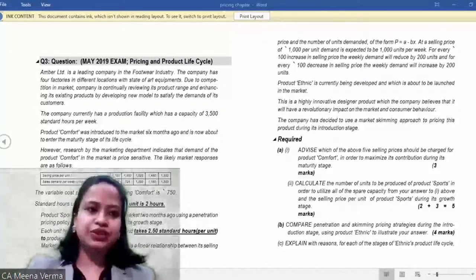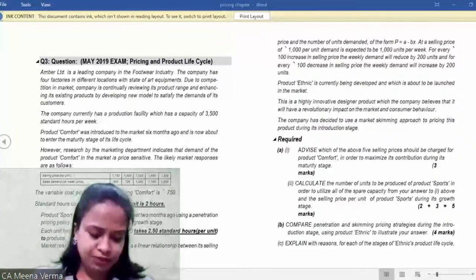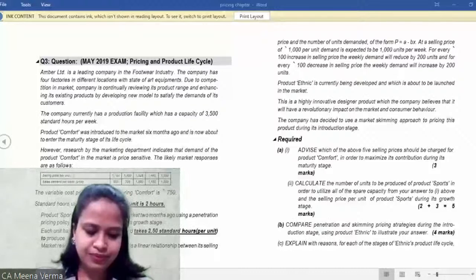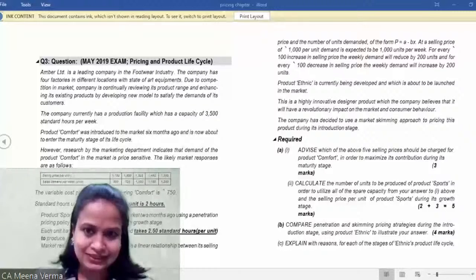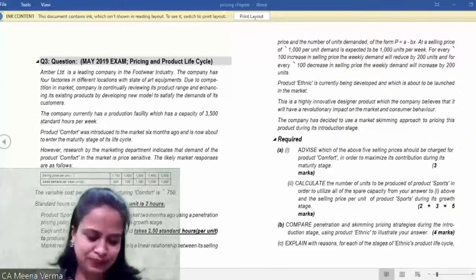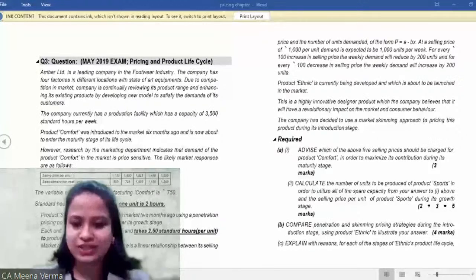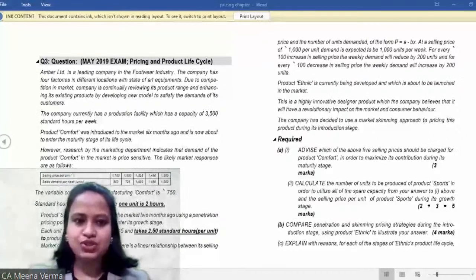Please read this question and let me know if you have done the reading. If you have any query, you can ask me. It's a good question, so we will discuss.